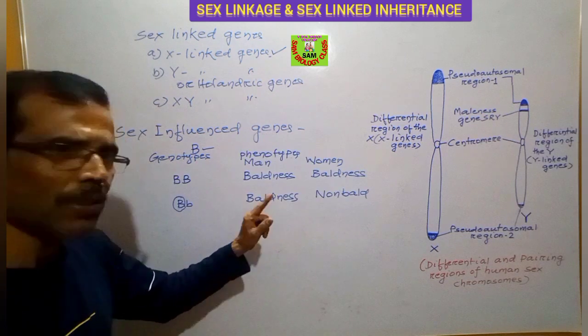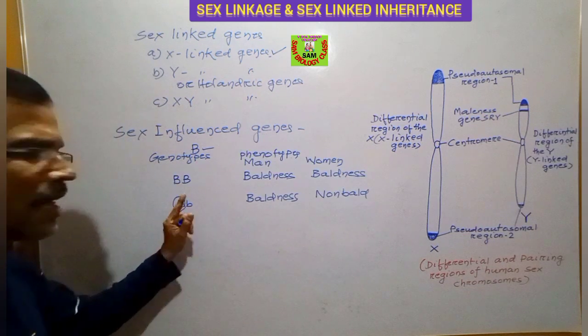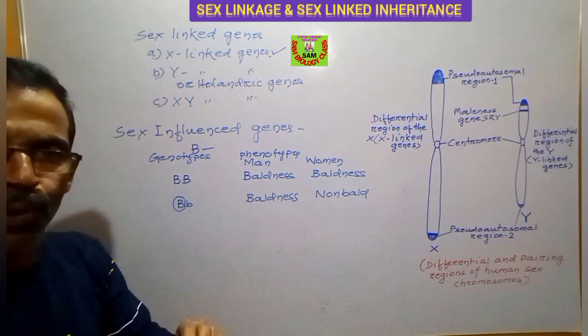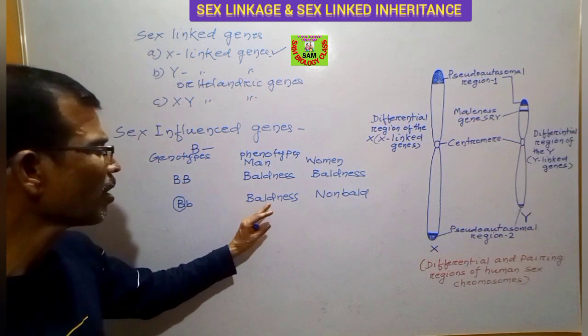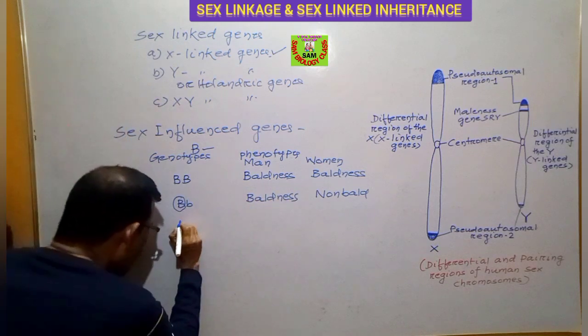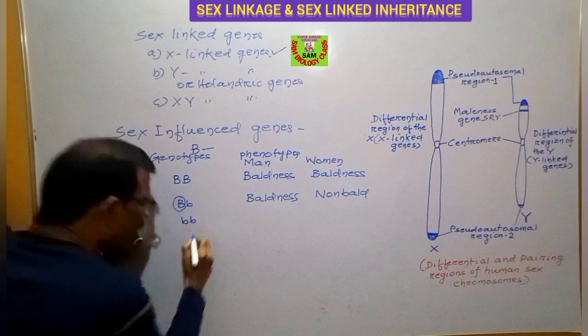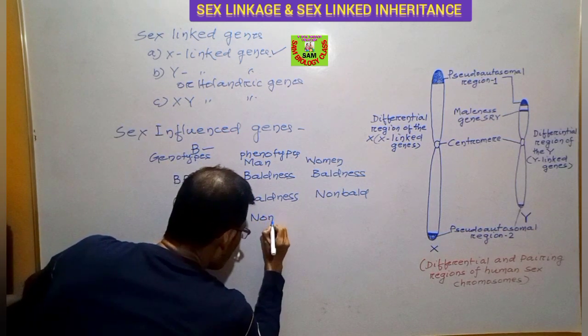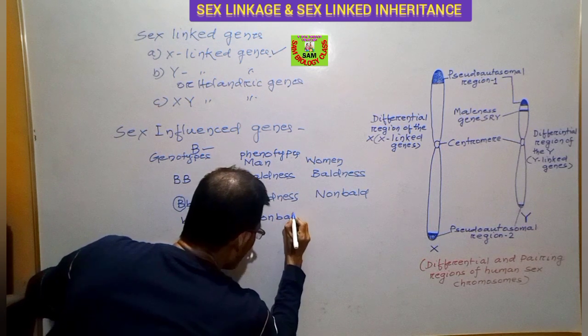In heterozygous condition, the gene is expressed only in the presence of male sex hormone, hence baldness occurs only in men, not in women. But when both the alleles are recessive, then non-bald condition arises in both men and women.